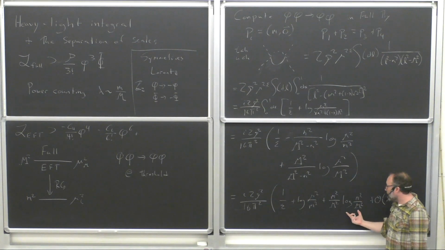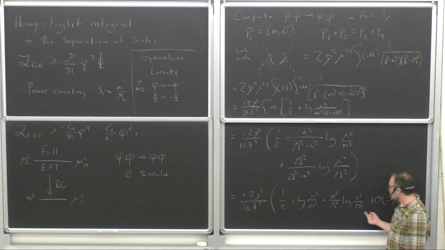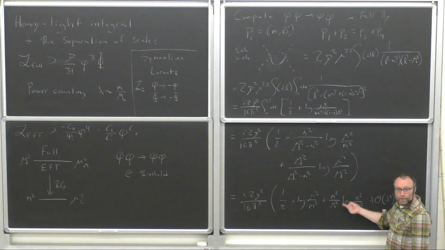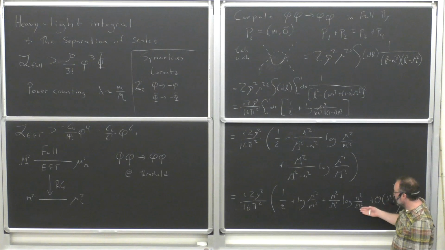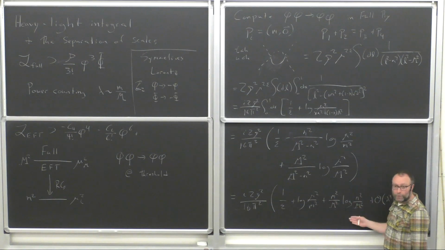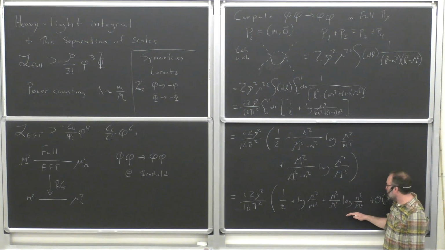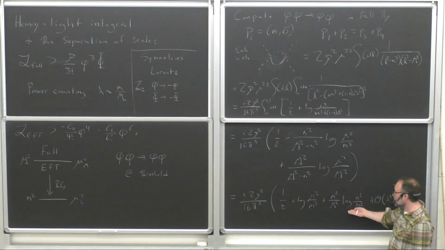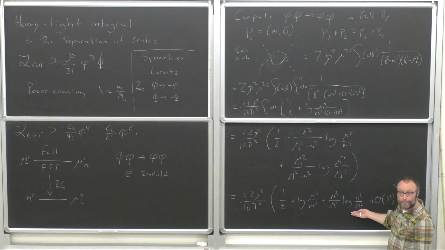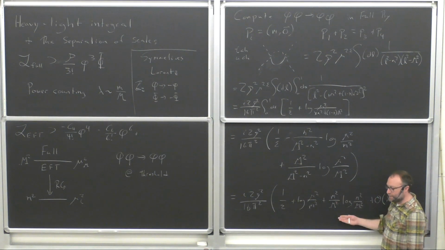And then we have this logarithm, which is a function of the ratio of the heavy and the light masses, with no mu dependence. So if we want to resum this log, something non-trivial needs to happen, because we can't use RGE here. There's no mu dependence. That's the main point of this example: really understanding this logarithm.